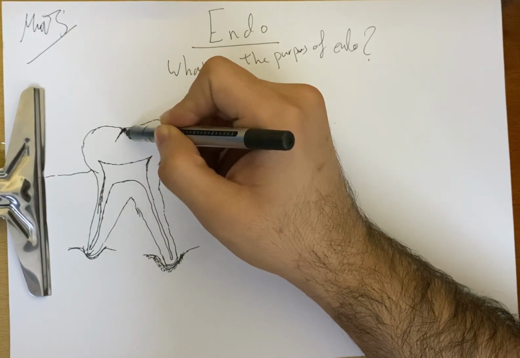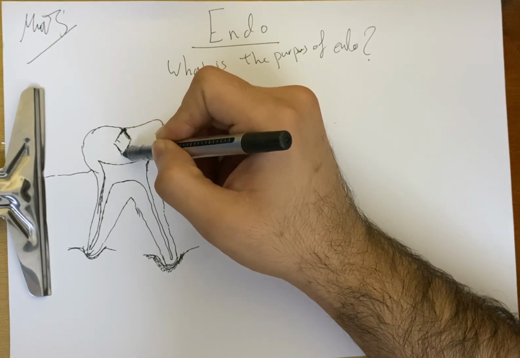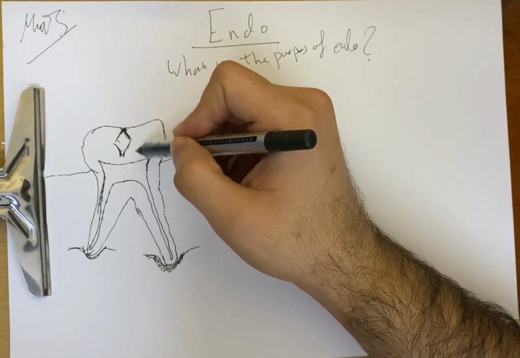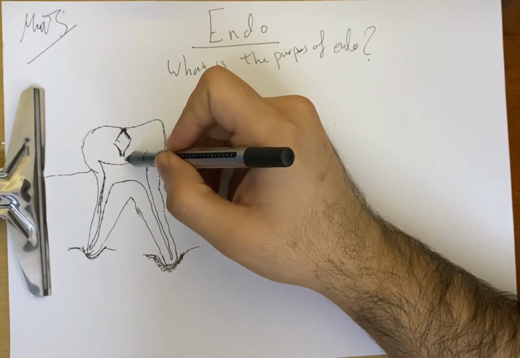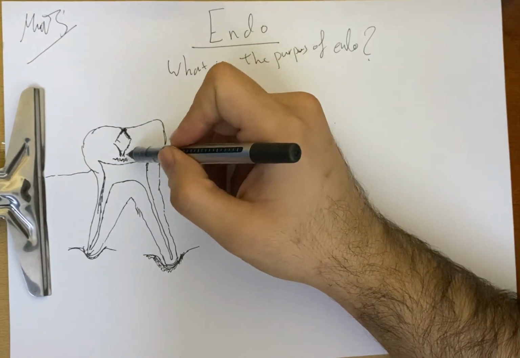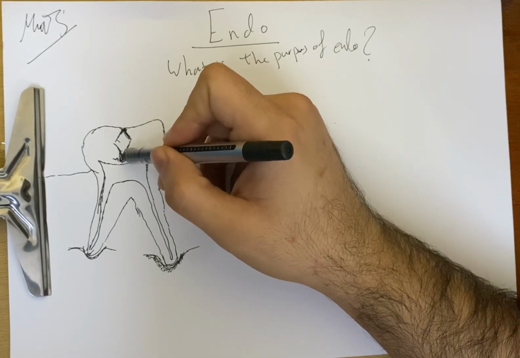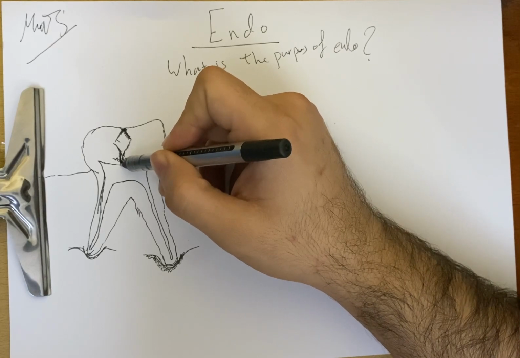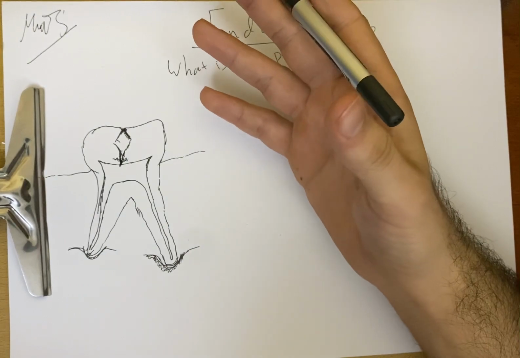The decay spreads like this, and then it spreads like this, and then the pulp has self-defense mechanisms. It starts making tertiary dentine and whatnot. But let's just say that the bacteria reaches the pulp. When the bacteria reaches the pulp, it comes in here. The pulp is now inflamed.